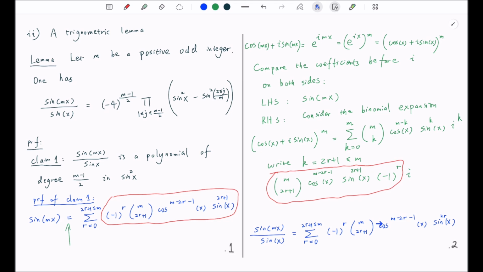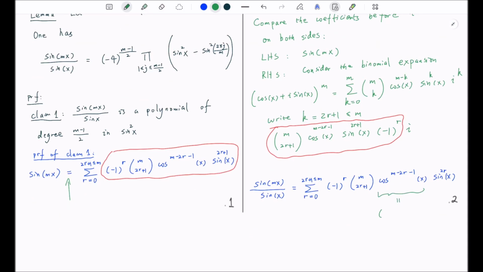This part can also be transformed into a polynomial of sine x squared by using the identity that cosine x squared plus sine x squared is equal to 1. So now let's rewrite this. Now for each summand, we can easily see that it is a polynomial in sine x squared of degree (n-1)/2.